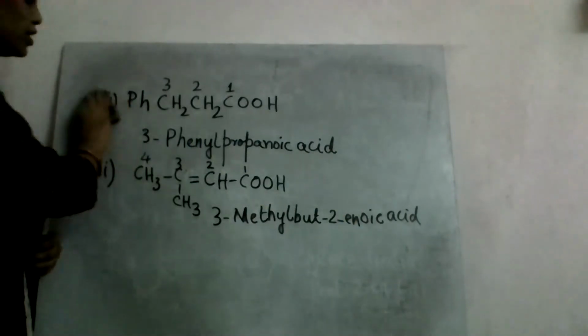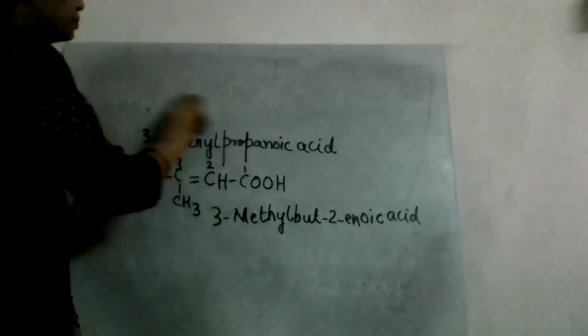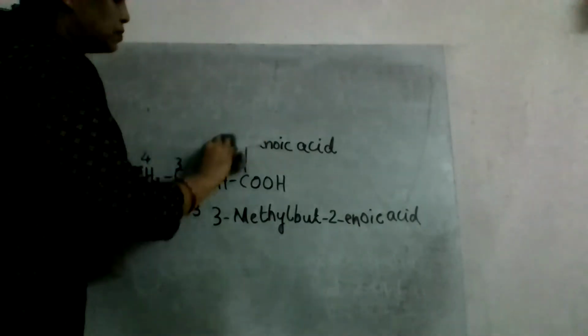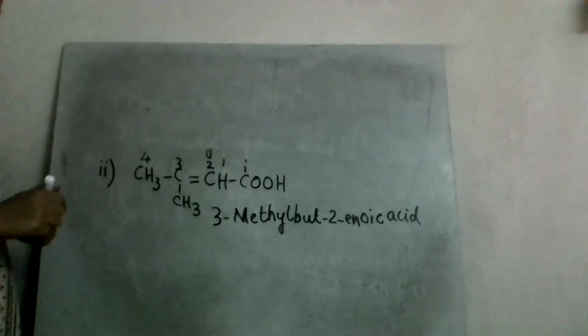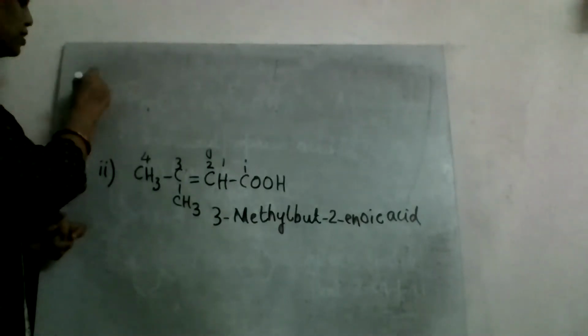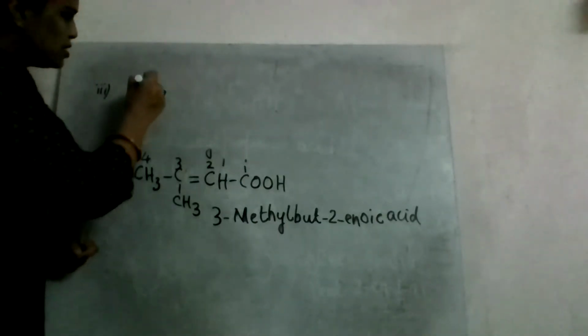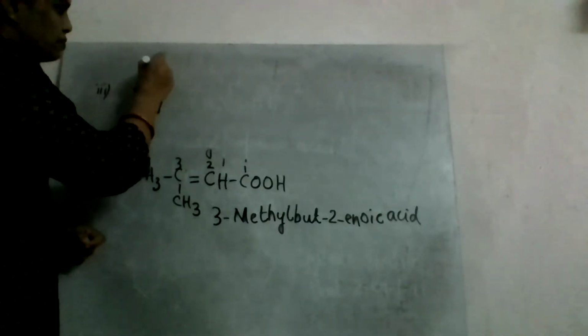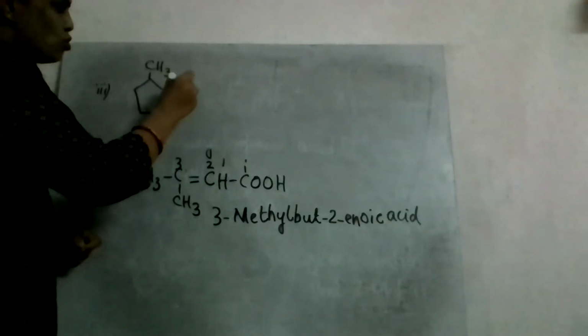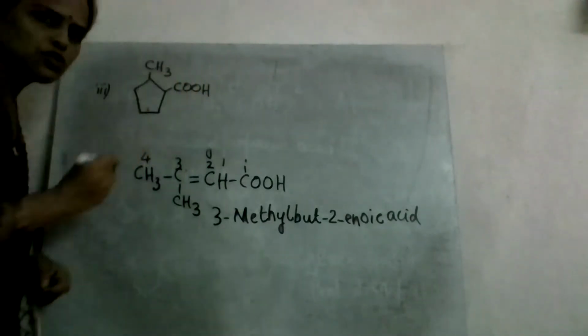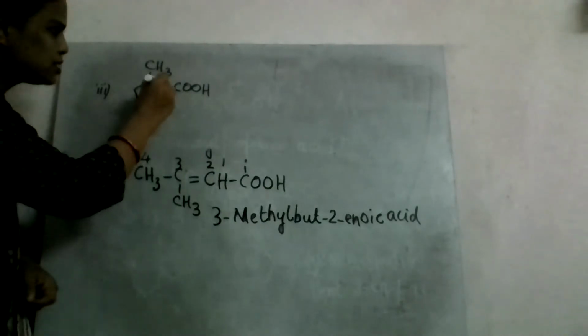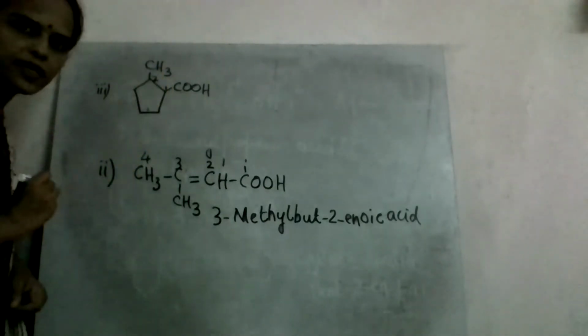The third compound that is given is a cyclopentane ring. So we'll draw this cyclopentane compound with CH3 and COOH. This is carbon atom 1 and this is carbon atom 2.